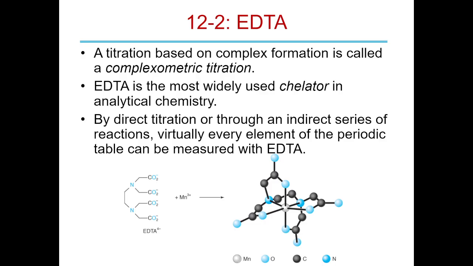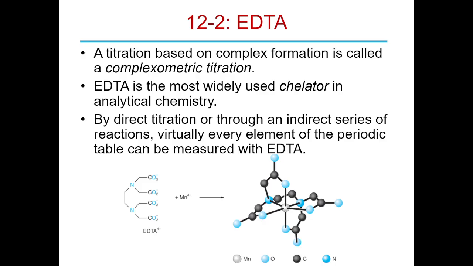Okay, so titration based on complex formation would be called a complexometric titration. I know, right? Isn't that just something you want to say fast 5 times? Okay. So EDTA would be the most widely used chelator in analytical chemistry to do these titrations with, because it's very stable, it's very easy to get your hands on, just works very well.